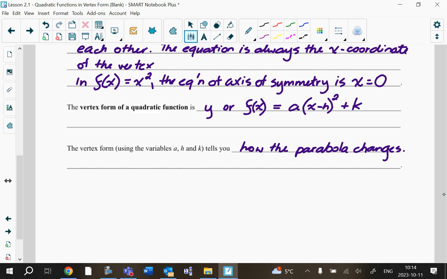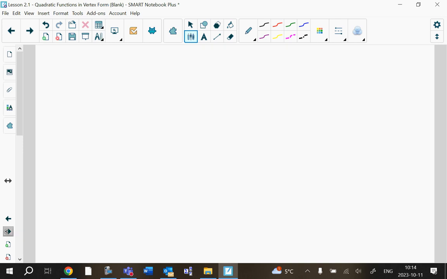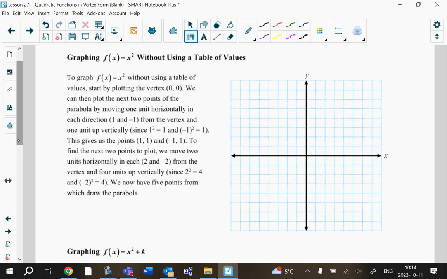When you graph a parabola, I know the very first one we did, we used a table of values to help us. But when you graph one, you should be able to do it without a table of values. And this is what you do. Okay? Start with the vertex. Well, we know the vertex of x squared is 0, 0. Then what did we do from the vertex? We moved one across in each direction, and then one squared up.